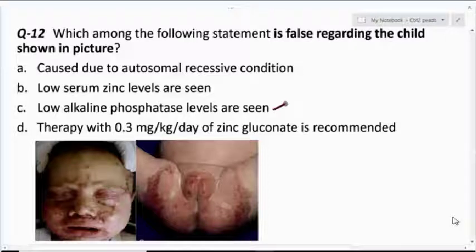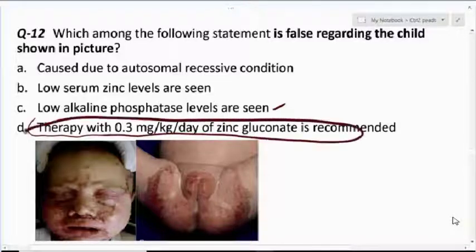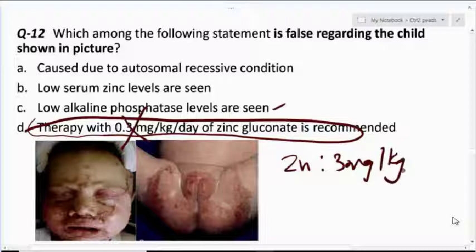So the treatment of choice is basically zinc therapy, and it is not 0.3, so this is wrong. It is not 0.3. The treatment of choice is zinc, 3 milligrams per kg per day of elemental zinc. So 3 milligram per kg per day of elemental zinc is given, and then we monitor the levels in these patients on a long term.